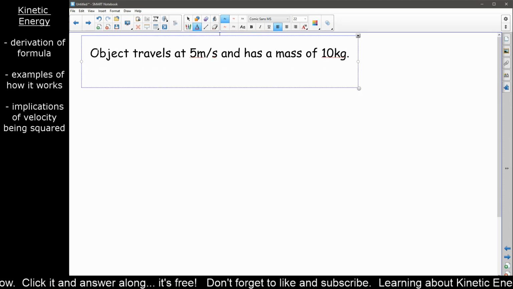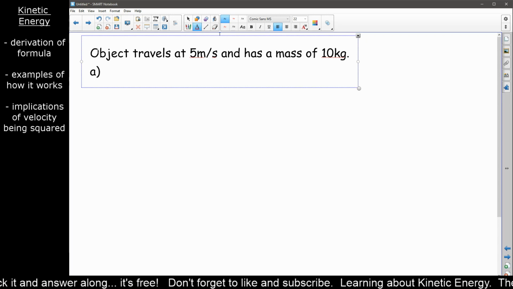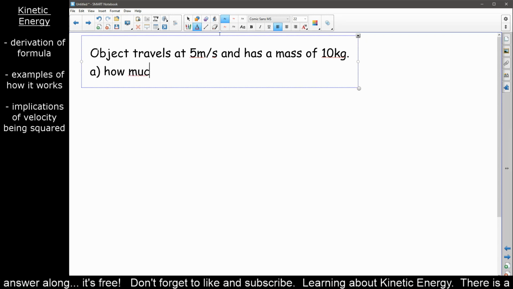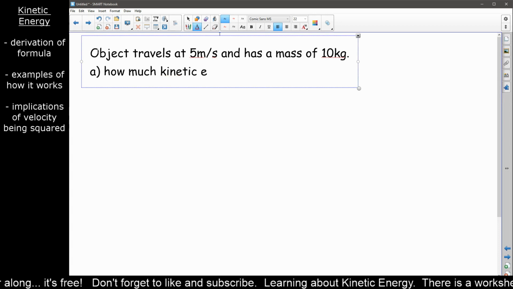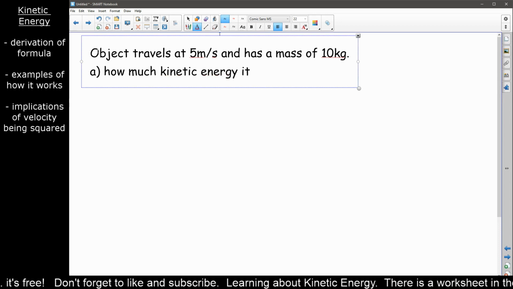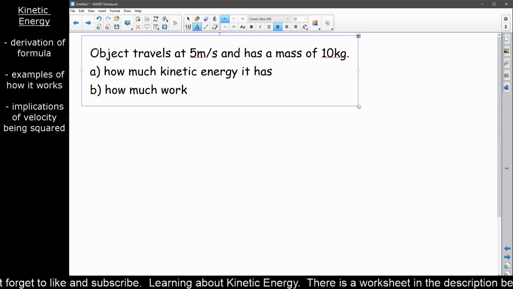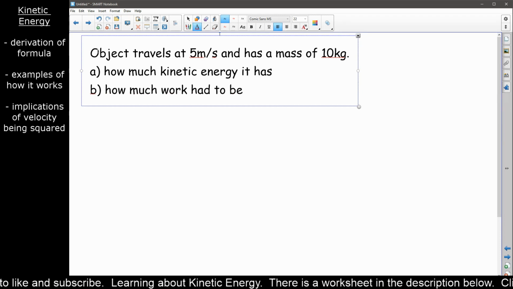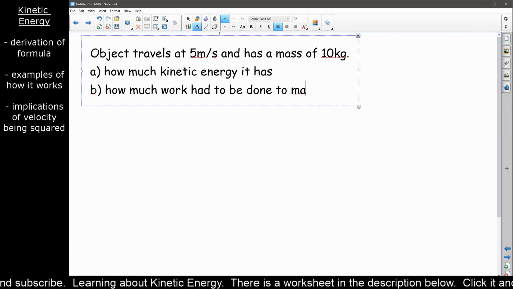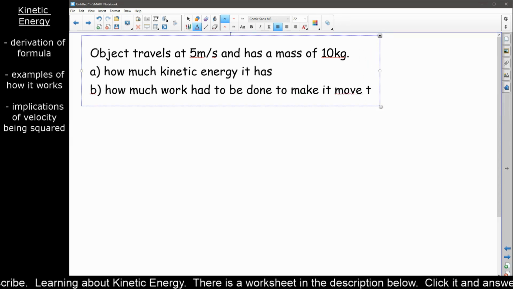Right, so let's see what we might want to know. We might want to know A, how much kinetic energy it has. We might want to know how much work had to be done to make it move this way.